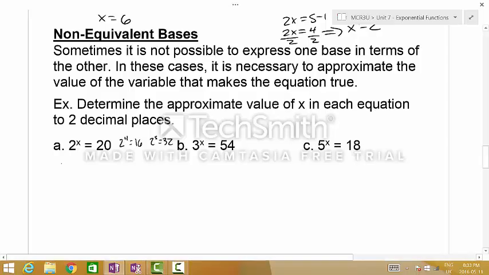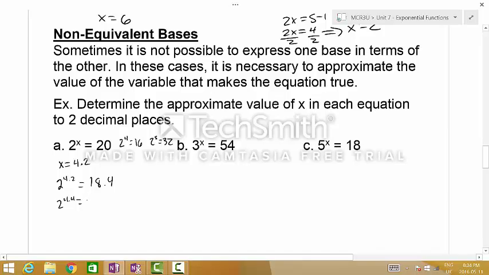So I'm going to start off, say, trying x equals 4.2. 2 to the 4.2 gives me 18.4. Close, but not quite. Again, I'm going to try another number, say 4.4.